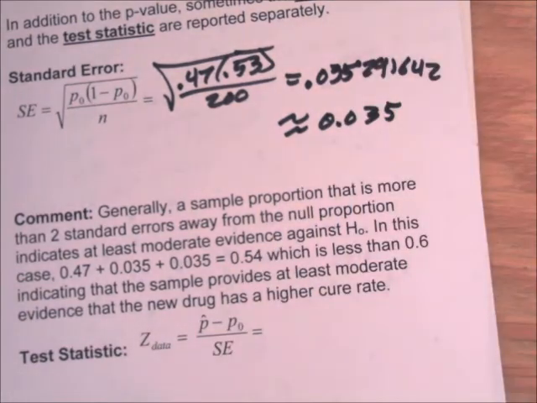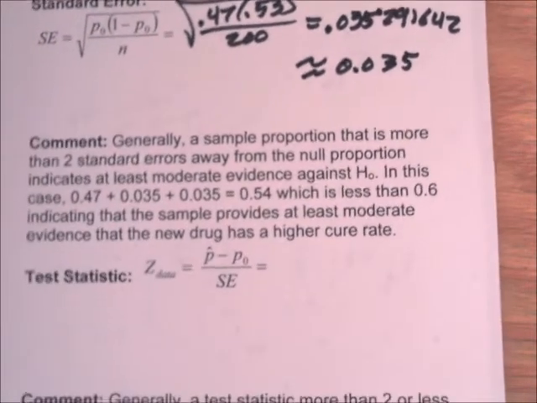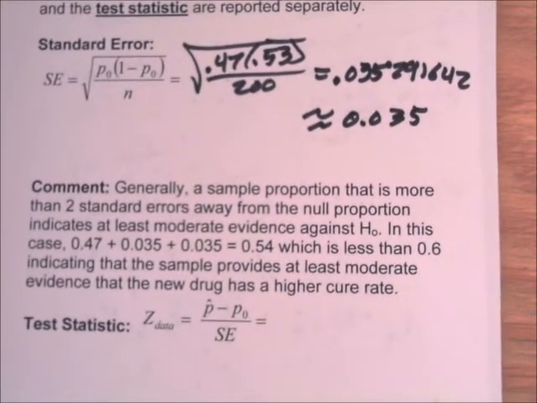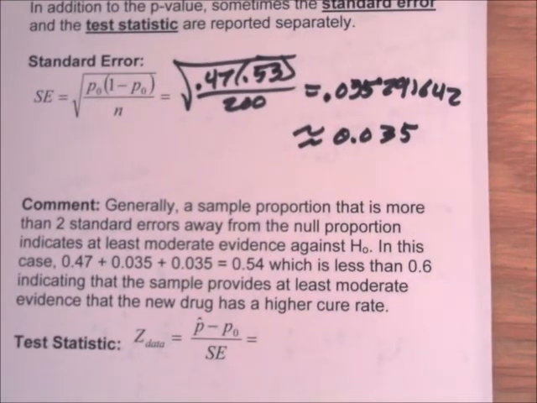Okay, I'm going to store that in memory. So generally, if the sample proportion is more than 2 standard deviations from the null proportion, then the sample provides at least moderate evidence.